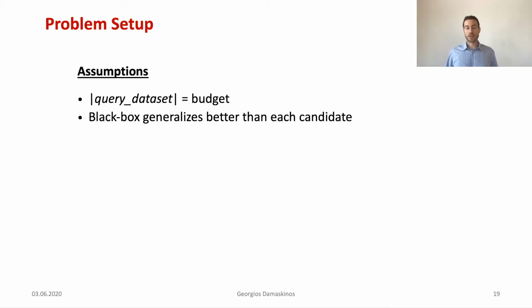Now, we make the following assumptions. We assume, of course, that we don't have an unbounded query data size of the query dataset. We have a limited budget. And we also assume that the black box generalizes better than each candidate, meaning that it produces better recommendations than each of our candidates.